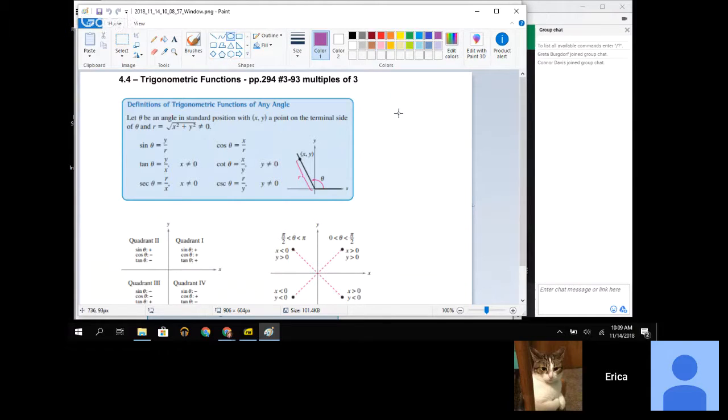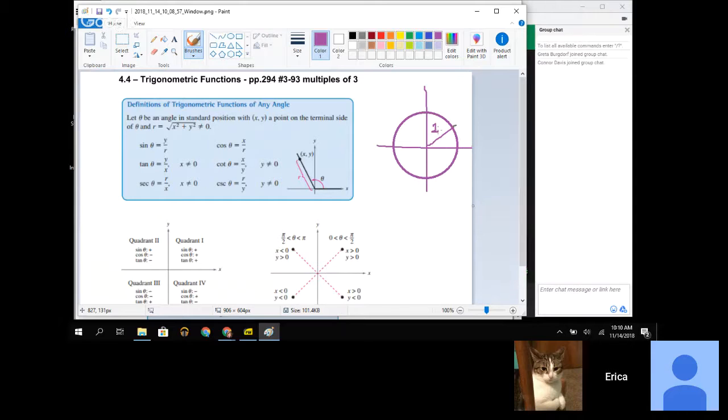But we always talked about them when they were on a unit circle. Look at that nice circle there. A unit circle basically just means that it has a radius of 1. So our radius is always 1, which made it really easy to tell what that point was.